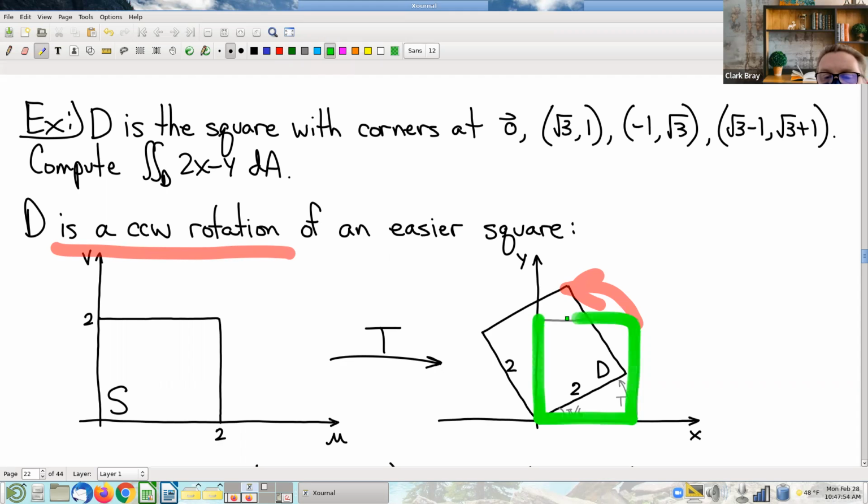It is a counterclockwise rotation of this square here, a nicely oriented square. Is that good? Okay, so we've just made a choice for our change of variables function. And again, the choice is entirely strategic, we're channeling our laziness, right? I want to turn this into a problem that's going to be easier for me to do.